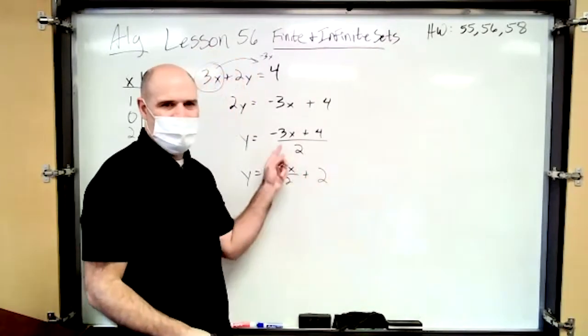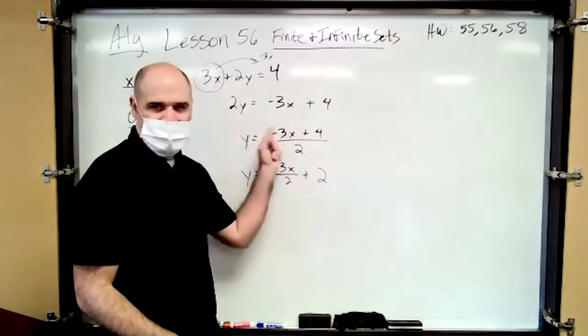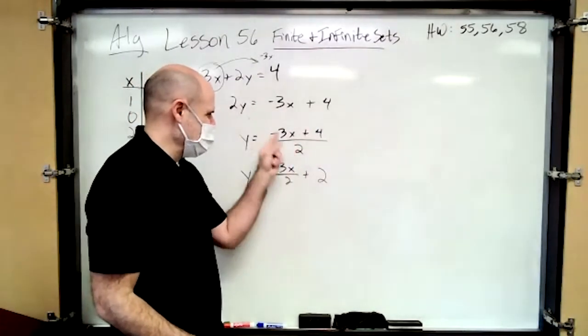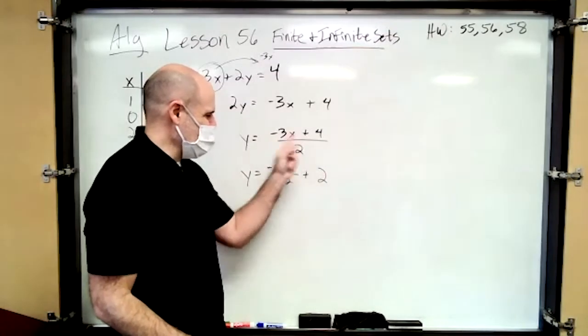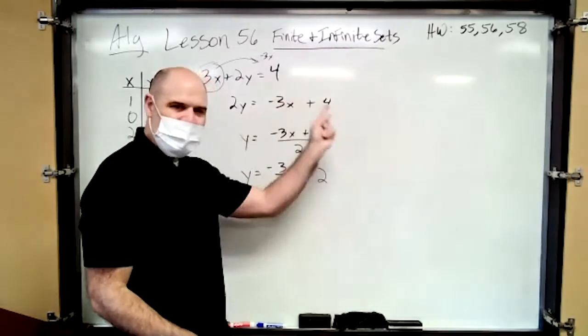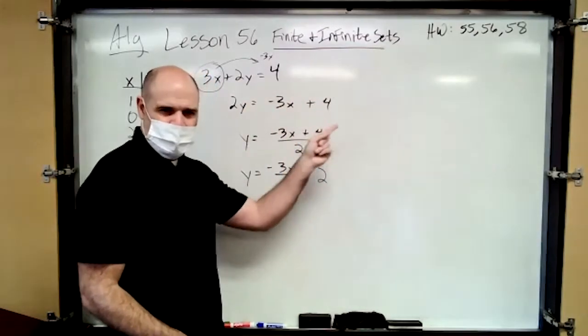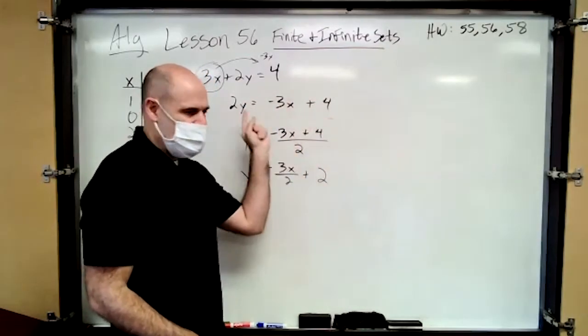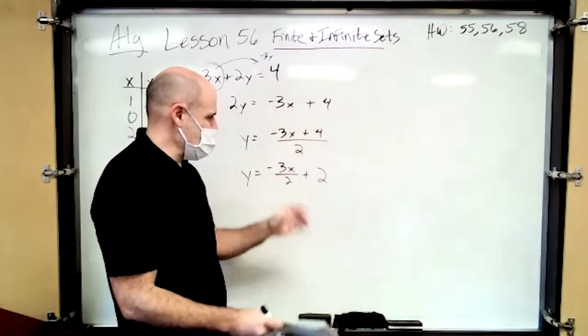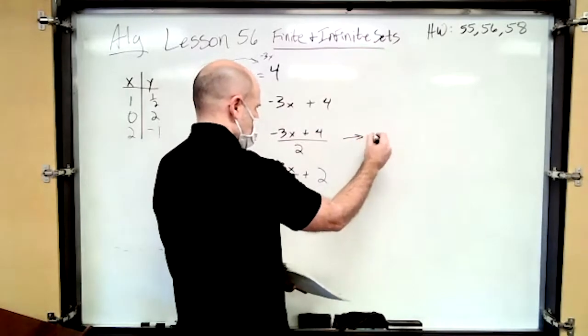If you divide both of them by 2. Now this is something a couple of you messed up on your last test, so pay attention to this. When you divide a whole side by 2, you have to divide each thing. When you divide this binomial by 2, make sure you're looking up here, paying attention. Then everything gets divided by 2. So you can create 2 separate division problems.